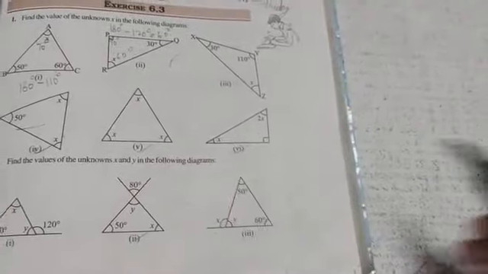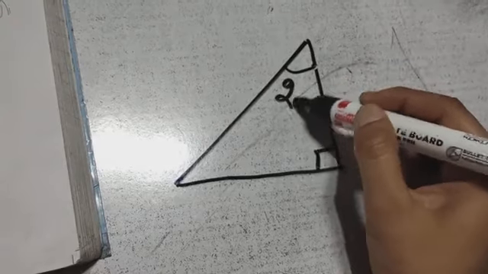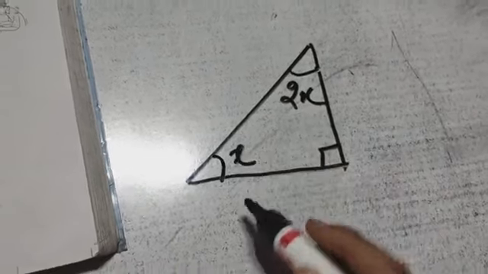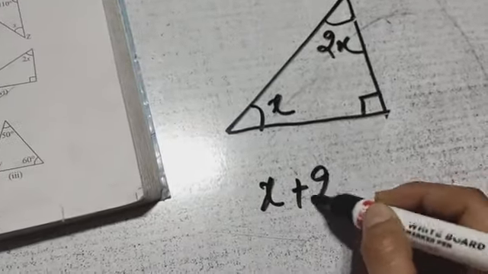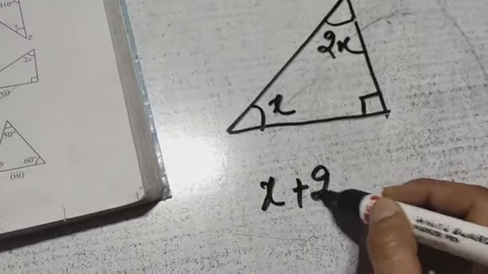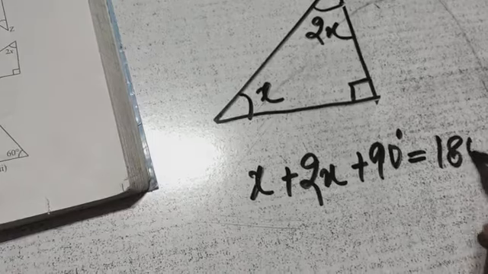Now coming to this. Now we are given this is 90 degrees, this is 2x, and this is x. So x plus 2x plus 90 degrees is equal to 180 degrees.